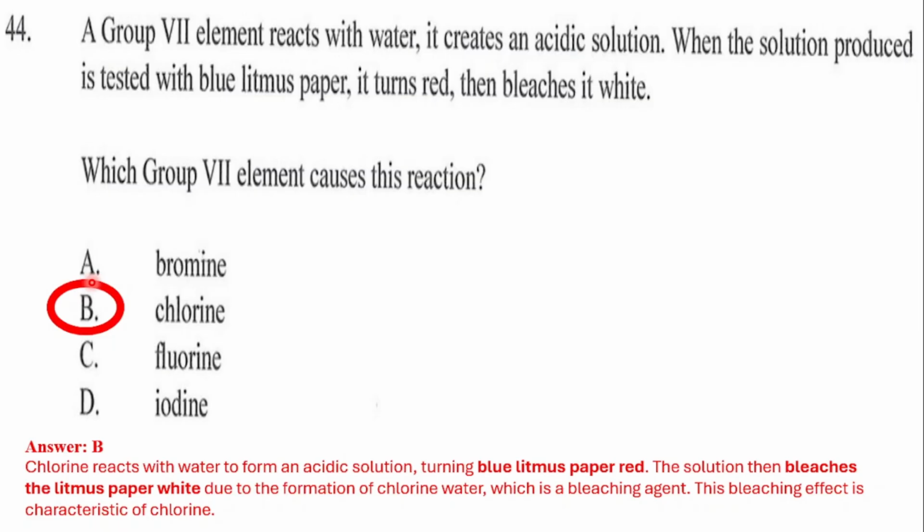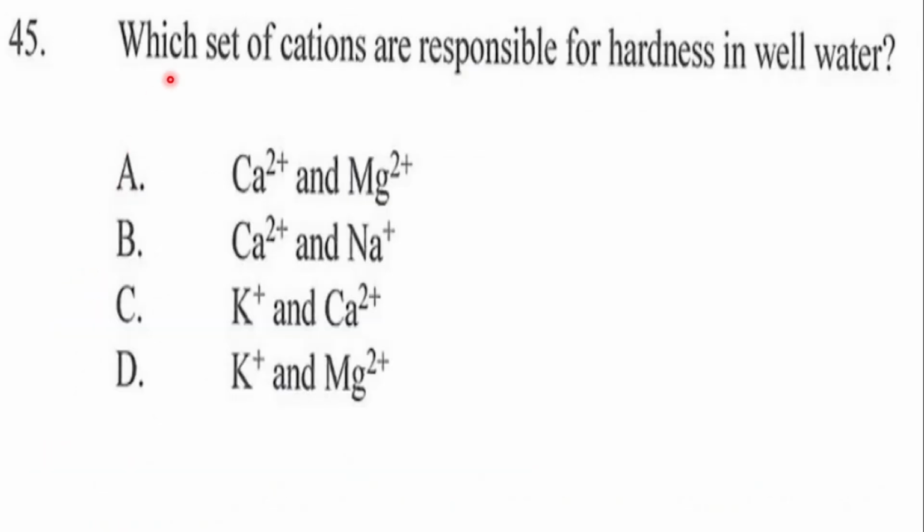Let's move on to question number 45, and it says which set of cations are responsible for hardness in well water? Is it Ca2+ and Mg2+, Ca2+ and Na+, K+ and Ca2+, or K+ and Mg2+?